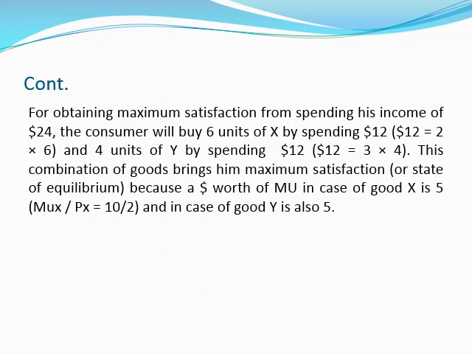This combination of goods brings him maximum satisfaction, or a state of equilibrium, because a dollar worth of MU in case of good X is 5, 10 over 2, and in case of good Y is also 5, equal to the marginal utility of money, 5.